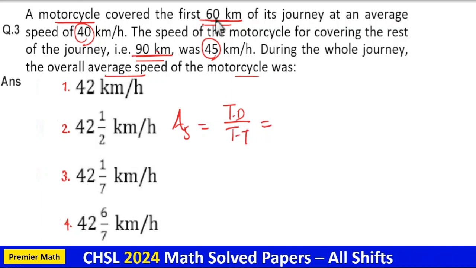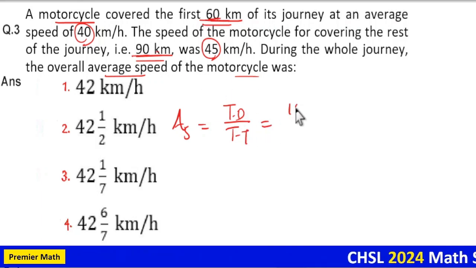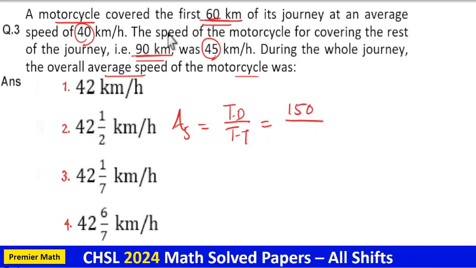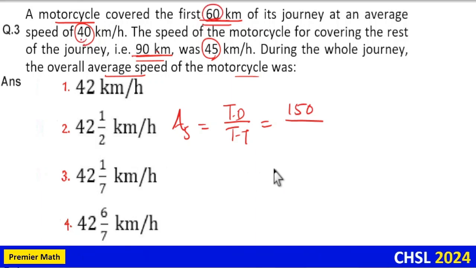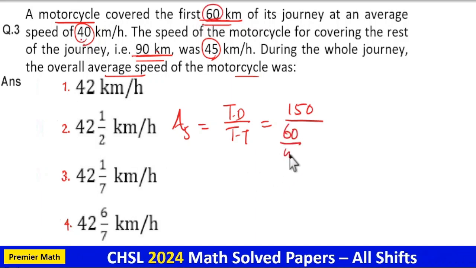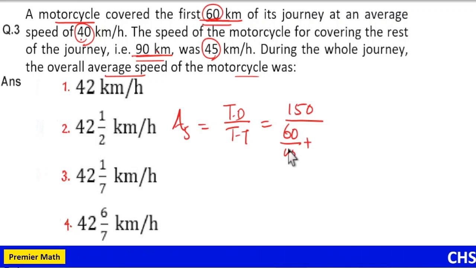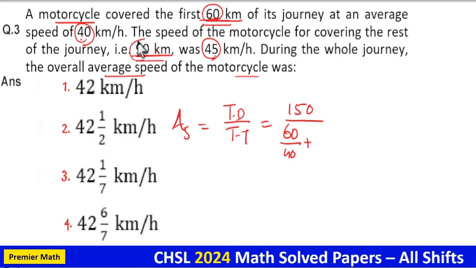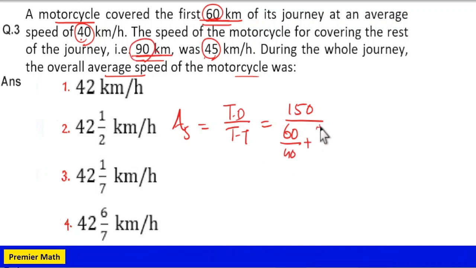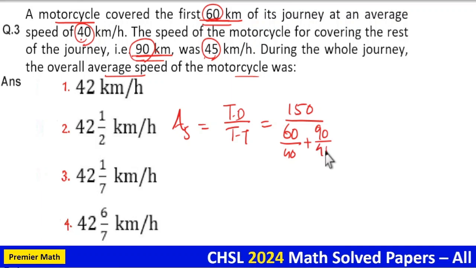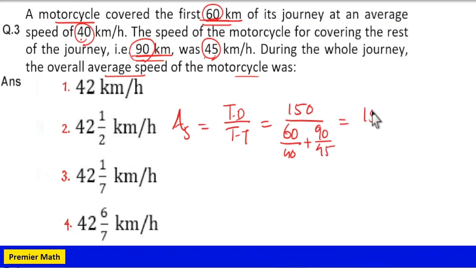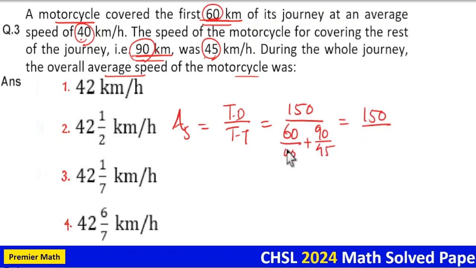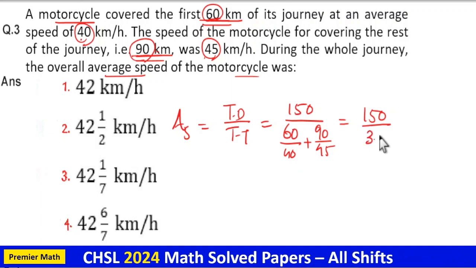Total distance is 60 plus 90, 150 km. Total time: 60 km covered at 40 km per hour, so 60 by 40, that is 1.5 hours. And 90 km covered at 45 km per hour, that is in 2 hours. So it is equal to 150 by 1.5 plus 2, 3.5 hours.